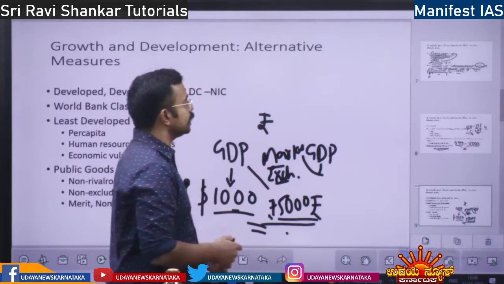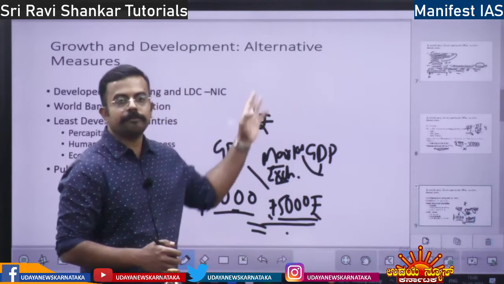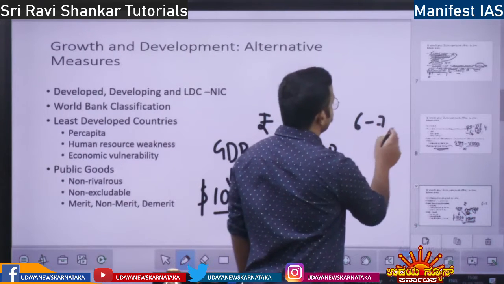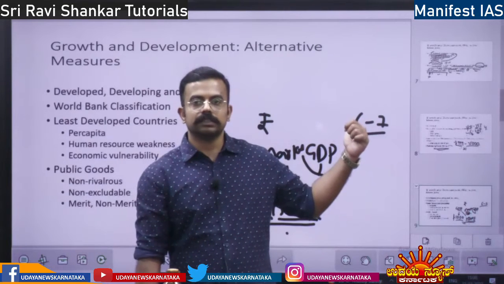If we compare the GDP of all the countries, India's position is around 6th or 7th in the world, around 6th position, largest GDP in the world.